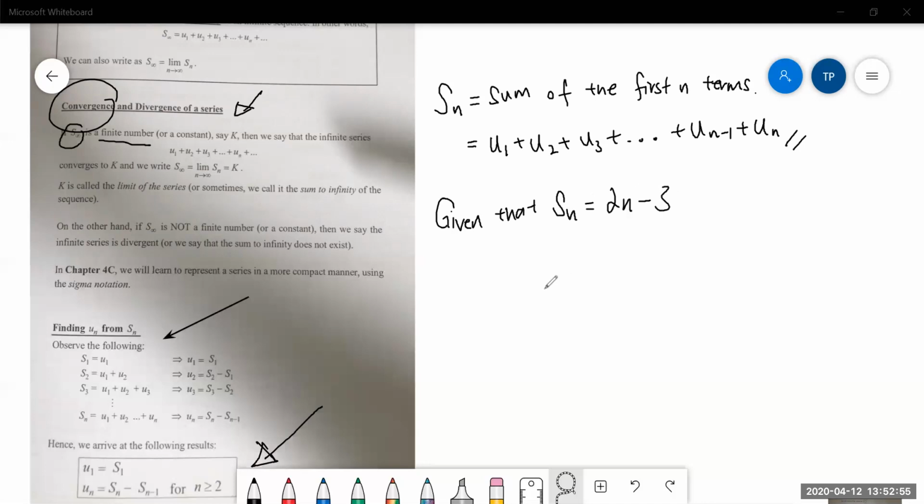This means the sum of the first n terms is equal to 2n minus 3. So if you want to find the sum of the first two terms, which is S2, it will be 2 times 2 minus 3, which is 1.